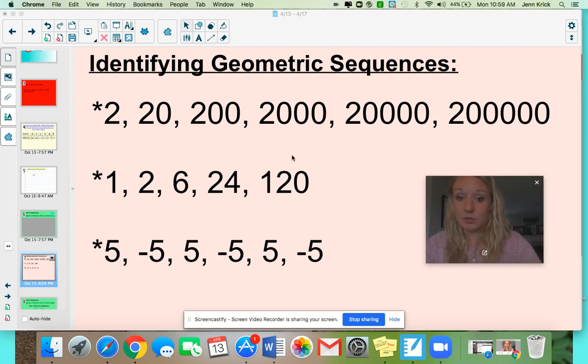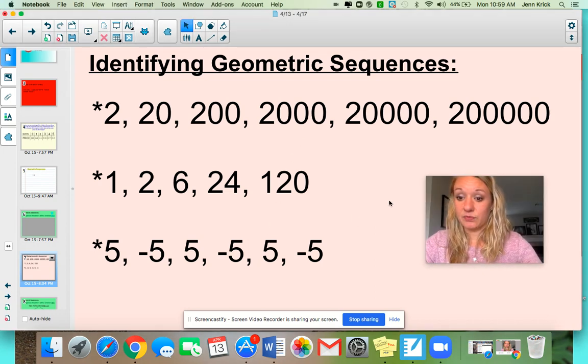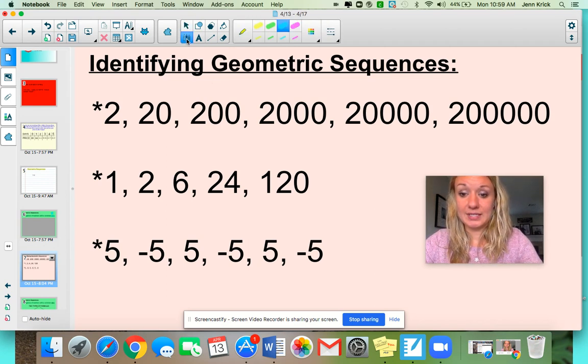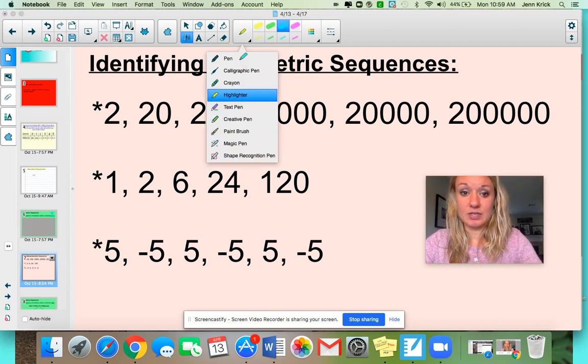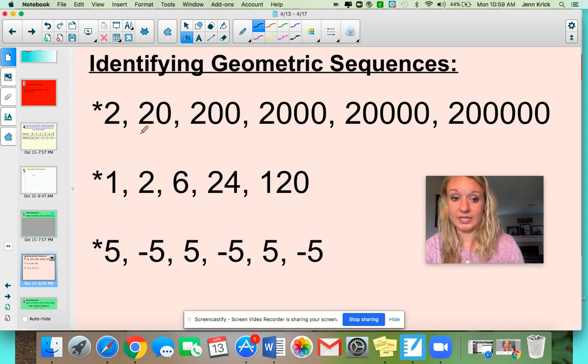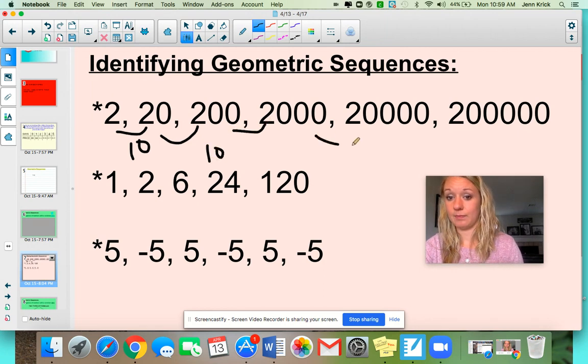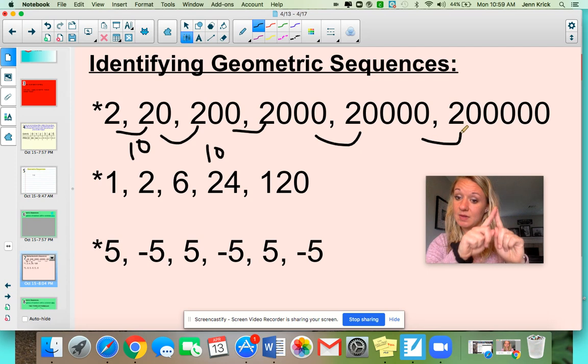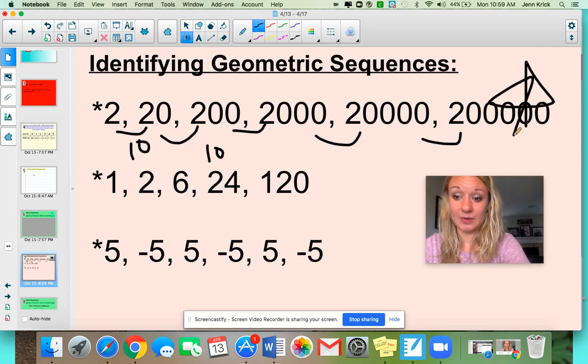Let's say that I'm giving you 3 different sequences and we're going to identify ones that are geometric and ones that are not. So if I was thinking, all right, is this a geometric sequence? To get from 2 to 20, I multiply by 10, 20 to 200, multiply by 10, by 10, by 10, by 10. Because I'm multiplying every single value by 10, 10 is my common ratio, and that is a geometric sequence.